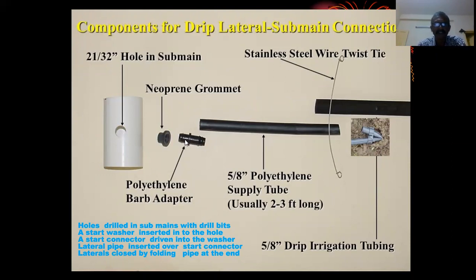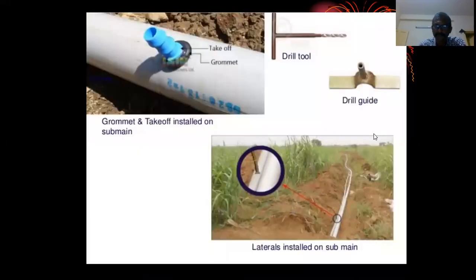I call this a lateral start. After this washer is put here, then this can be inserted here just by hand pressure, or by using a wooden hammer also it can be inserted. And over this the lateral is inserted. At the end of the lateral, it is bent like this, and the lateral is closed, something like this.